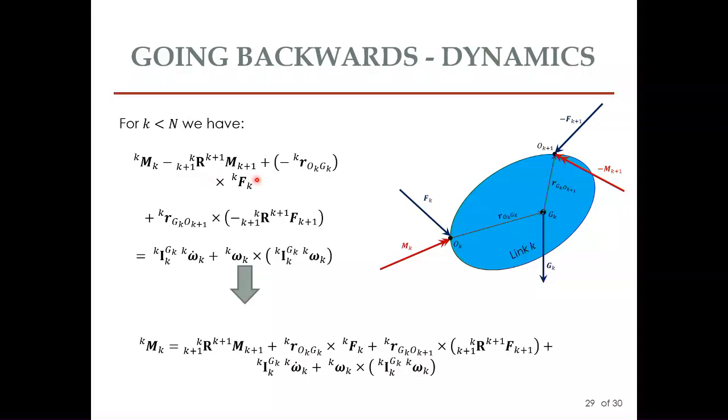So similarly here. And now I have this thing cross this thing, which is the contribution of this fk to the moment about gk. So it is the vector from gk to ok cross with fk. Okay, so it is negative of the opposite direction here.